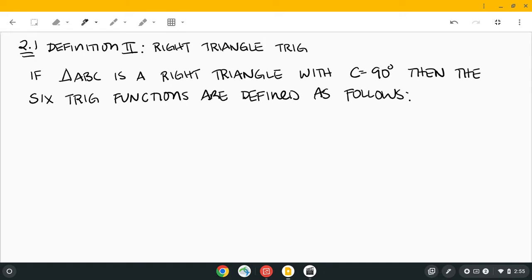Okay, so let's go ahead and draw a right triangle here, so you have a visual of what we are talking about. A, B, and C is the 90-degree angle. And then this here is the hypotenuse.